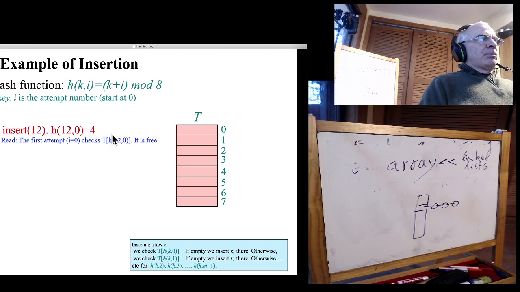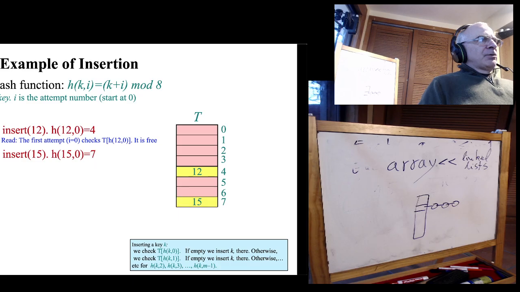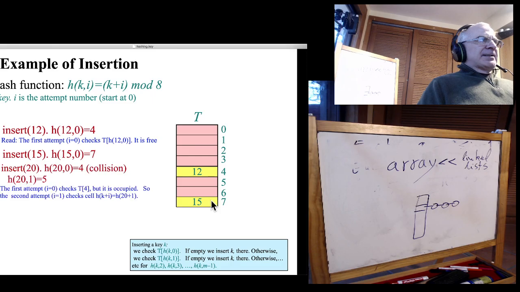Nobody lives there, and that's where 12 is going to be inserted. Great. Inserting 15. My first trial is i equals 0. So h(15, 0) is 15 modulo 8, which is 7. So 15 is inserted in cell number 7.